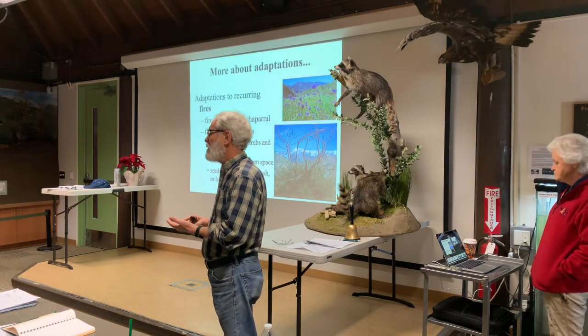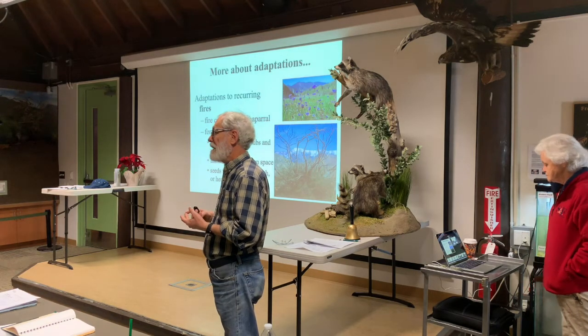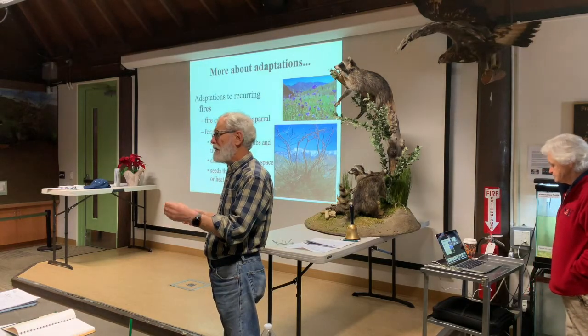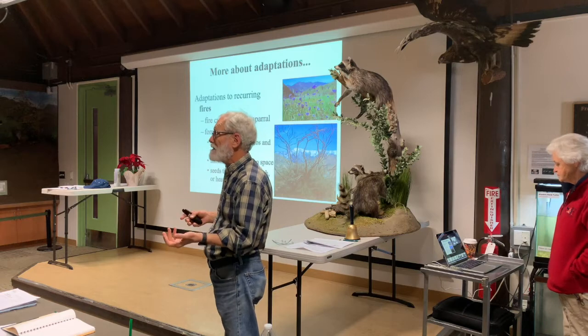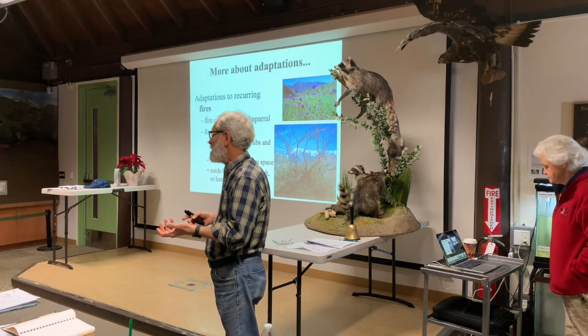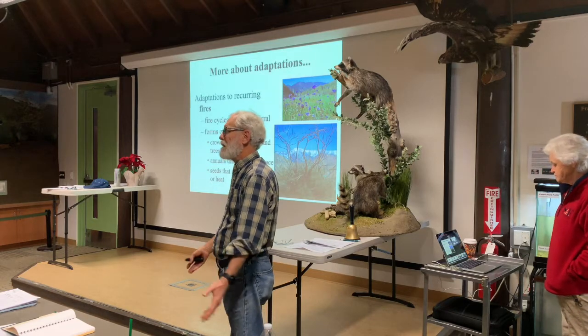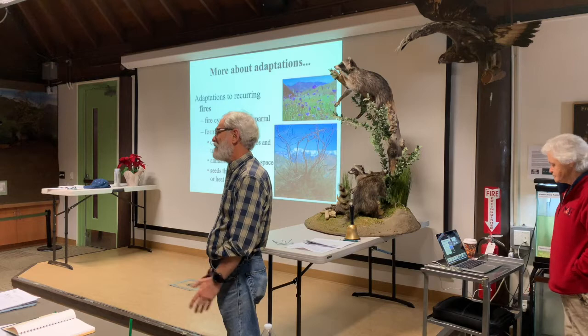It could be chemicals in the ash, or it could be the heat of the fire that will cause the seed coat to be broken, so that when the rains come, that seed can germinate and grow. But if there's no fire, then they will sit there for decades waiting for the next fire.